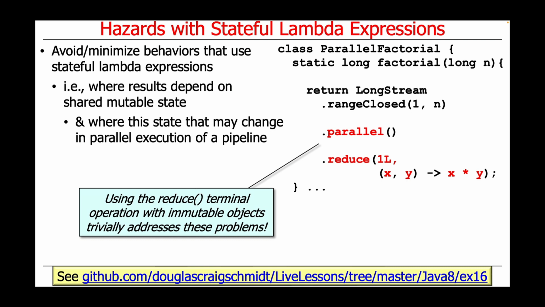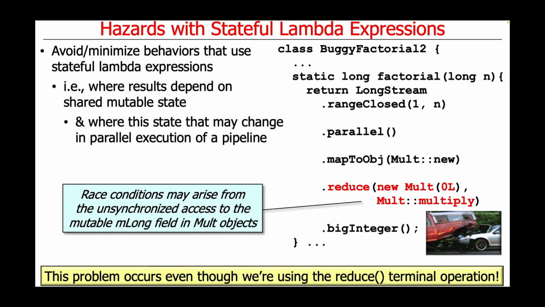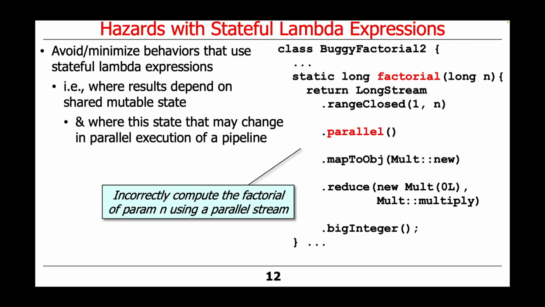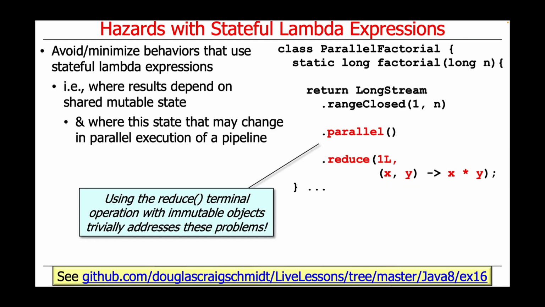So how could we avoid this problem? Well, one trivial way to avoid this problem is to get rid of the use of reduce with this crazy Mult intermediate class that has this dreaded shared mutable state mLong field, and instead do what reduce really wants, which is create immutable objects, like in this case, passing in 1L, and then going ahead and using a lambda expression that takes immutable objects and creates a new immutable object.